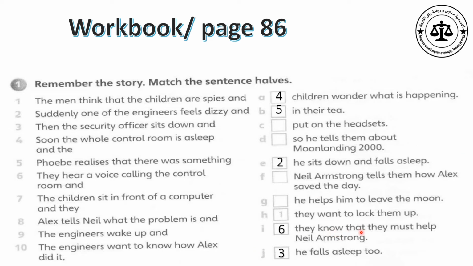Excellent, and they know that they must help Neil Armstrong. Number 7. The children sit in front of a computer and, excellent, they put on the headsets. 8. Alex tells Neil what the problem is and what? Excellent, and he helps him to leave the moon.